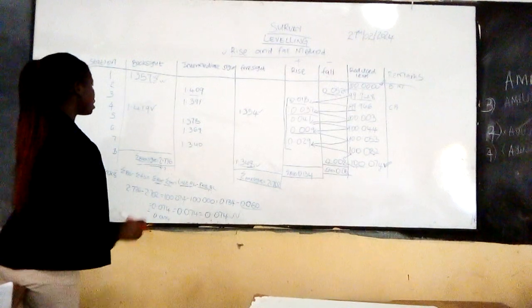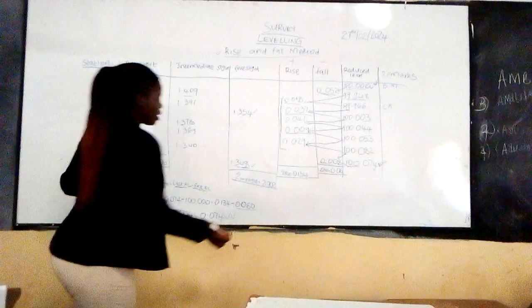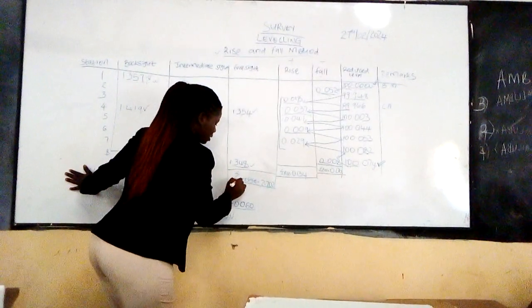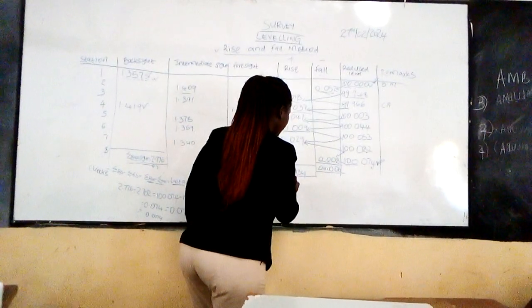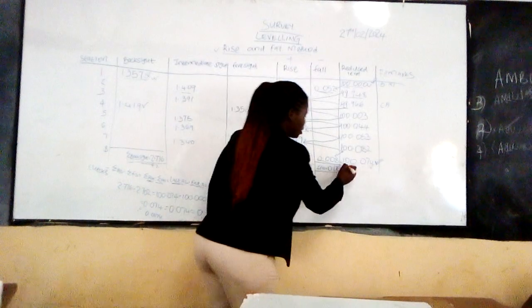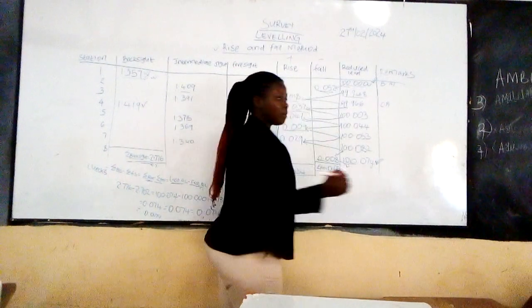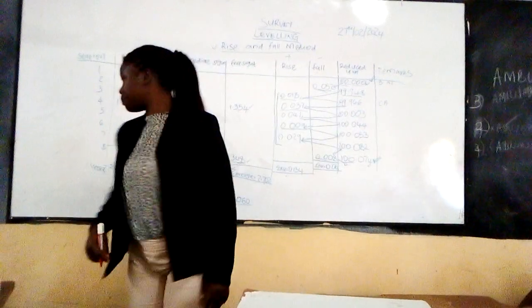In our checks, we add the backside column, then we add the foresight column, then we add the rise and fall columns, then we take our last reduced level and subtract our first reduced level from it.